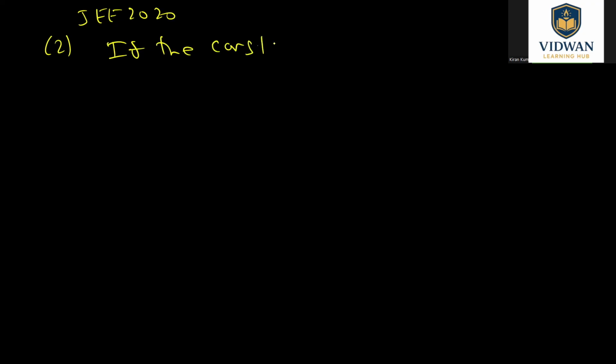Then one more question for this topic based on the coefficient. This is from JEE 2020. It's an easy question. If the constant term, whether we say the constant term or independent term, it is the same thing only.